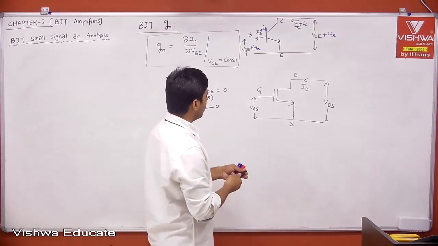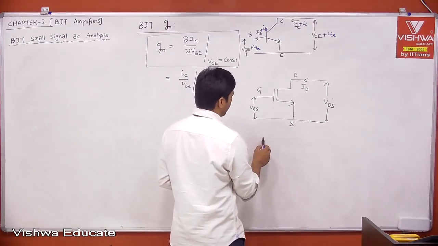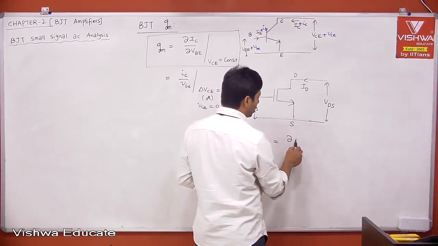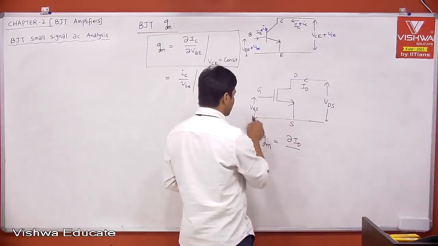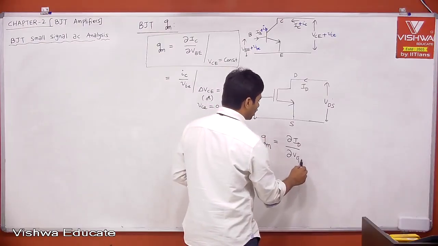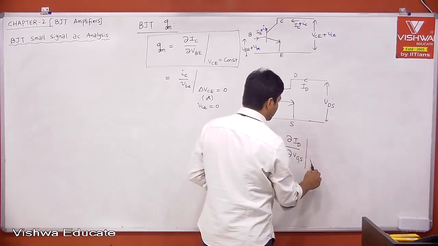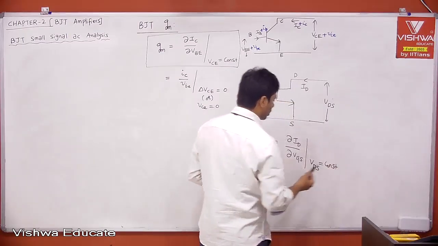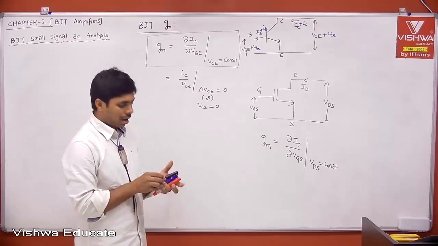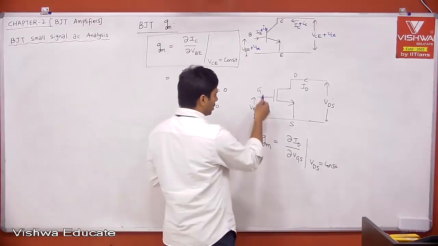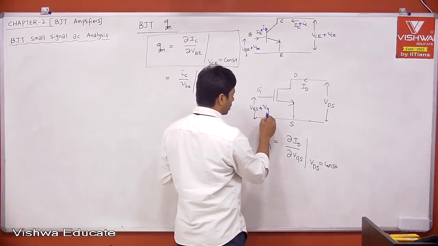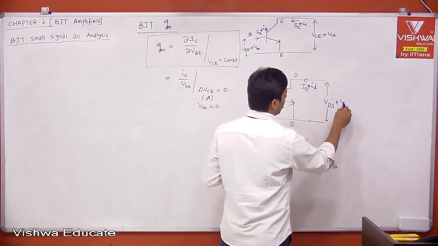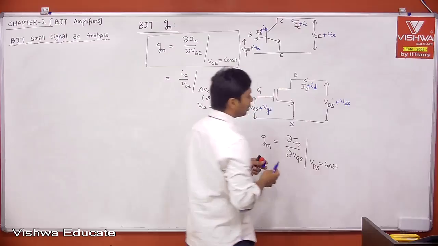The GM for this, the transconductance, is equal to the change in ID because of the change in VGS, when VDS is constant. If there is a change in VGS, let us say small VGS, then definitely there is a change in ID, and there is a change in VDS, but the small VDS is equal to 0.